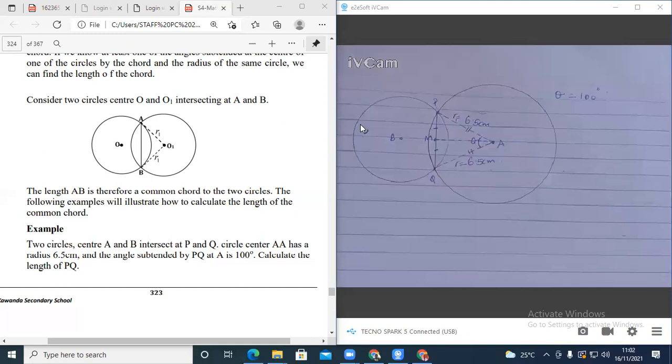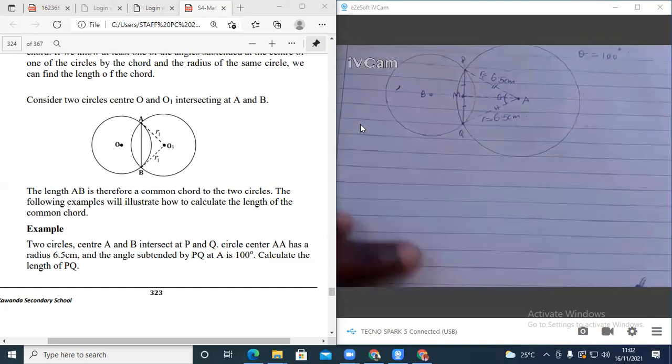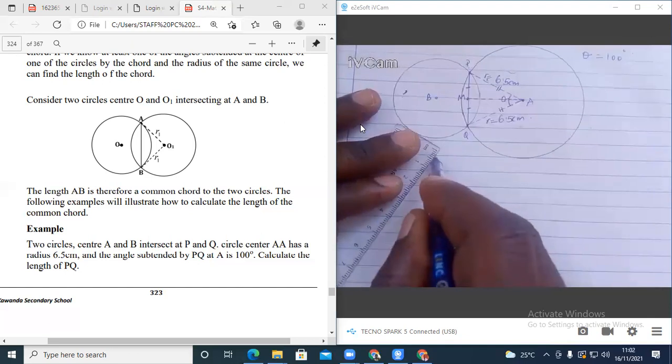So I'm going to extract out the whole triangle APQ and draw it down here, and then be able to find out what PQ is. So we do that.